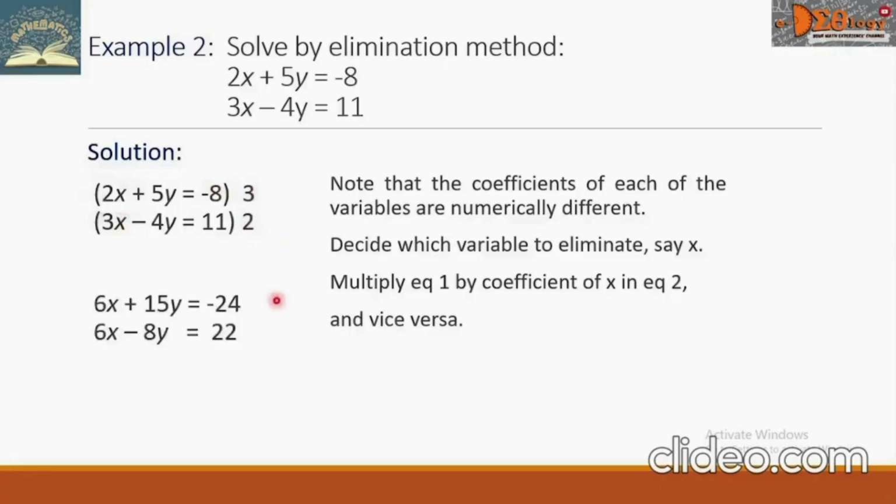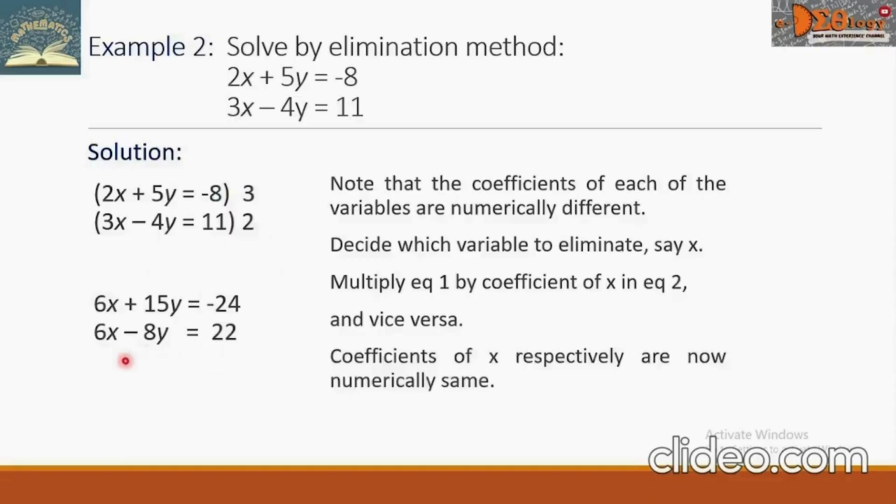So the equations become like this. The first equation multiplied by 3 becomes 6x plus 15y equals negative 24. Second equation multiplied by 2, it becomes 6x minus 8y equals 22. Now we see that coefficients of x respectively are now numerically same.